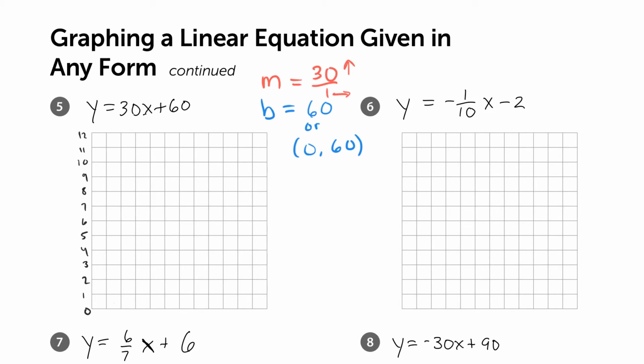If I go by ones, and I look at my starting value, I had to start off at 60. Well, 60 is going to be all the way up there. So this is not going to work. And then this is telling me to go up 30 then right 1. I can't even go up 30.